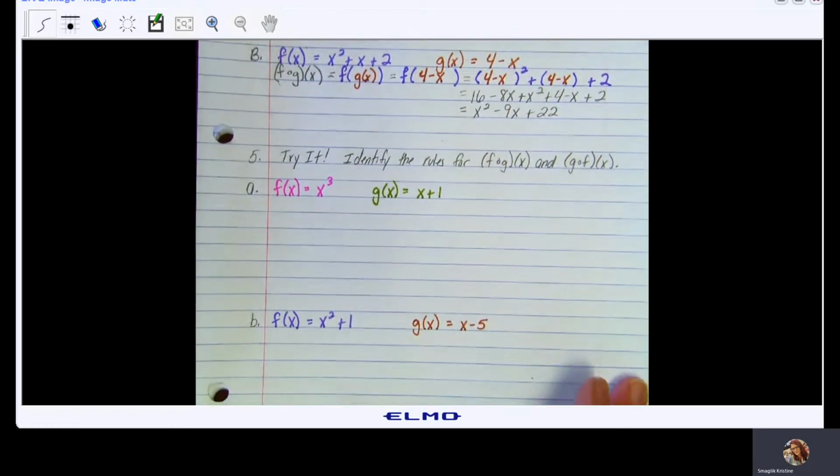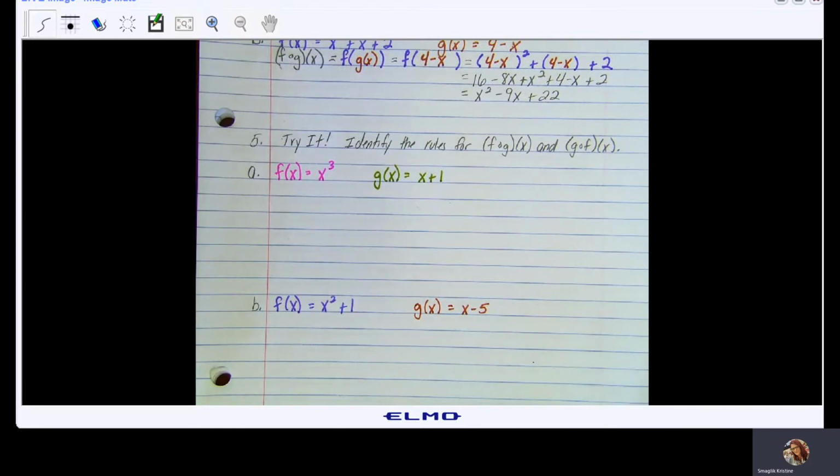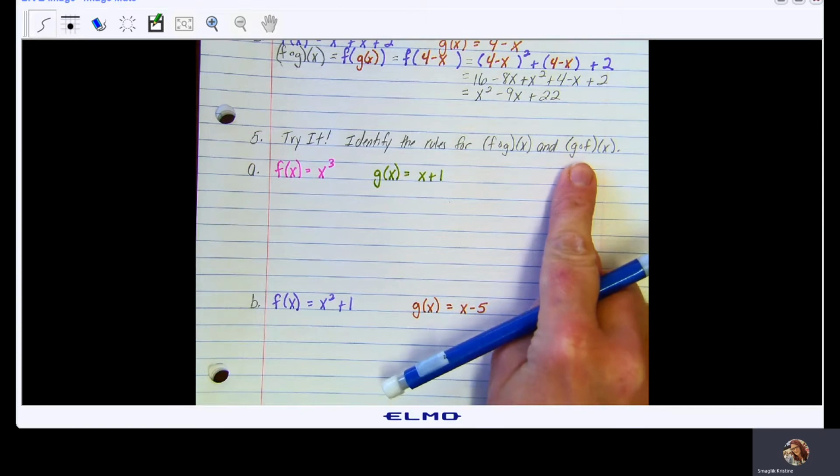Let's take a look at your try-its again. If you missed class, feel free, pause the video, give them a try on your own, and then come on back and check your answers. So here we go. We're going to find f of g of x and g of f of x. So let's take a look at what that looks like.